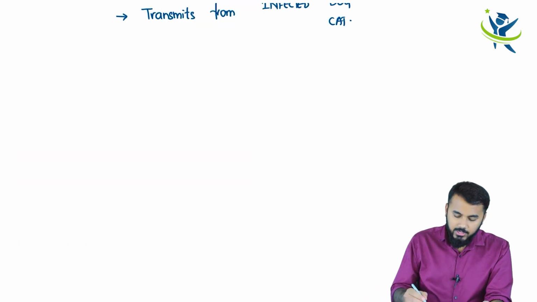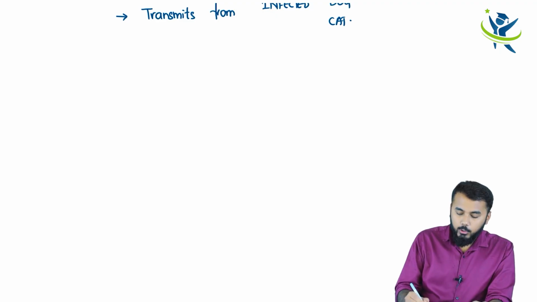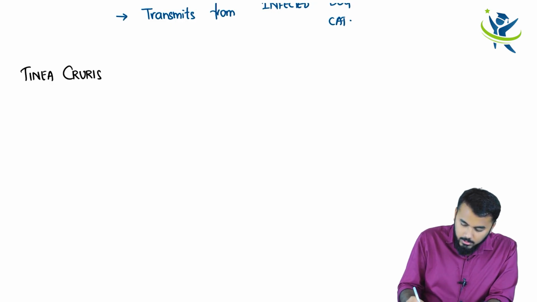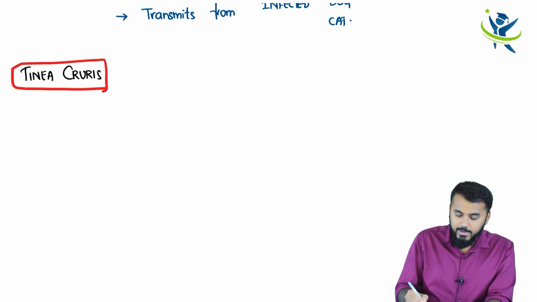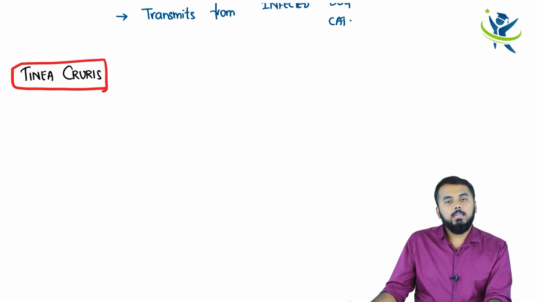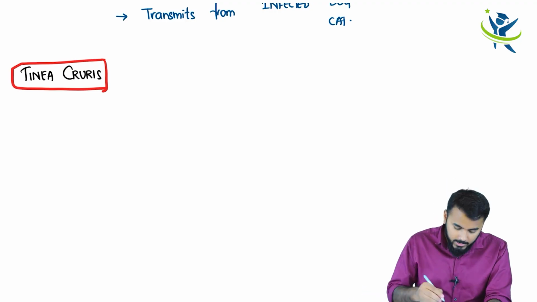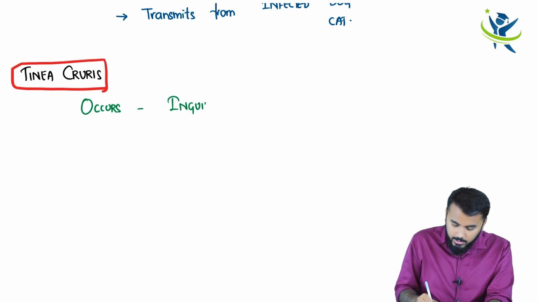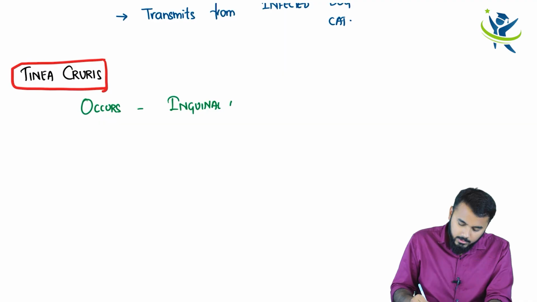Now the next infection we shall be looking at is Tinea cruris. Now in this Tinea cruris, the first important thing you should know is where this infection occurs. Tinea cruris mainly affects your inguinal area, so it occurs mainly in the inguinal region.